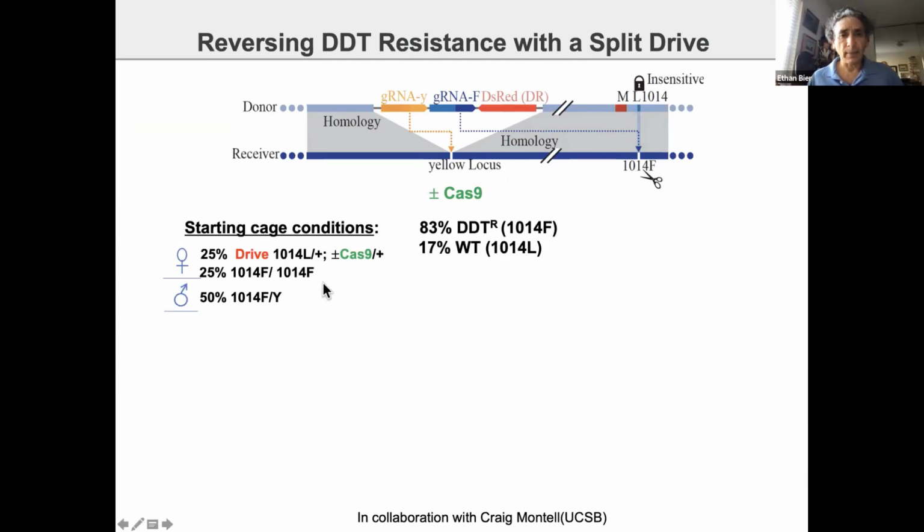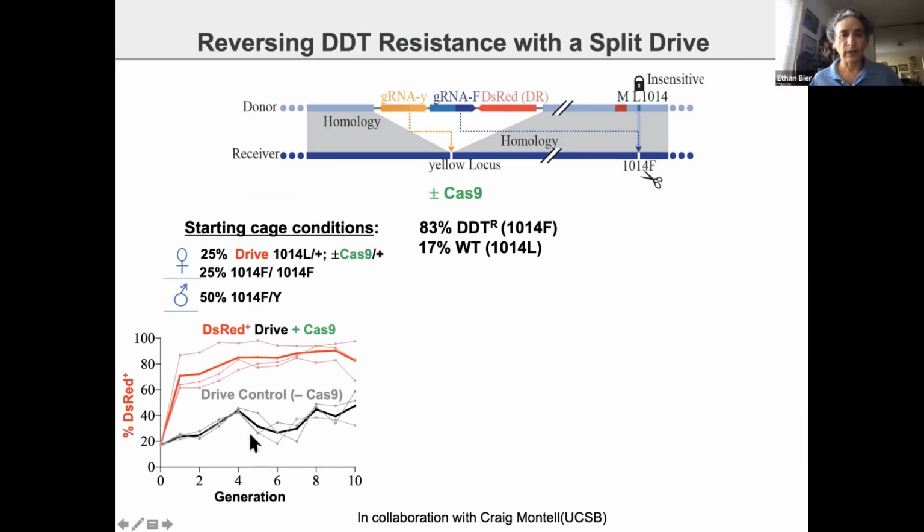They combined that in a starting cage that was 83% DDT resistant and 17% wild type, with 25% of the individuals having the drive element. Over the course of 10 generations, the drive drove to a modest degree of introduction, because it also generates some mutant alleles that limit it going to completion, but it still goes pretty well. And you see that that doesn't happen in the absence of Cas9 controls.